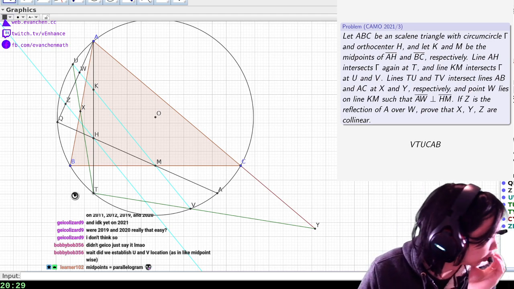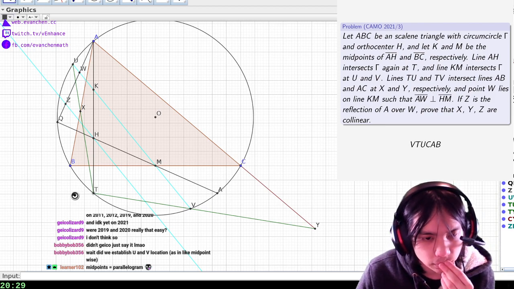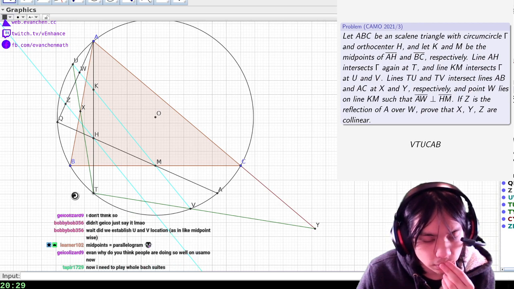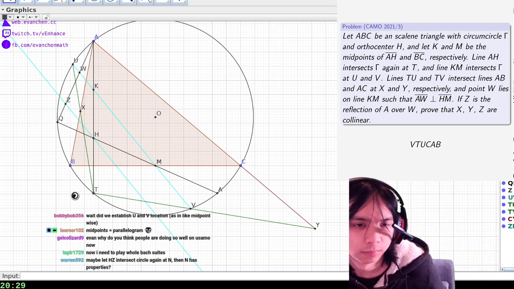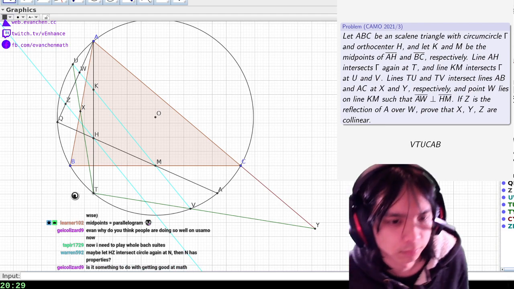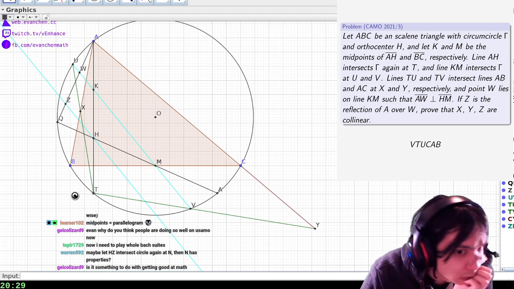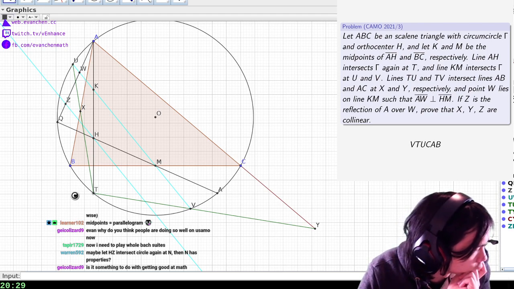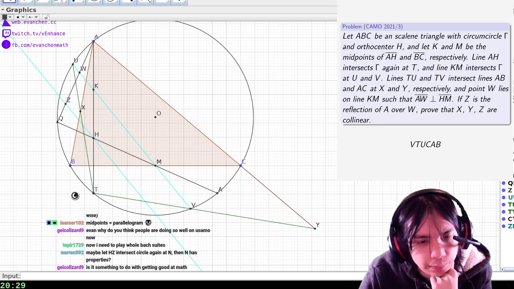Did I establish midpoint? I'm not sure. HZ intersects the circle again at N, and then N has properties.